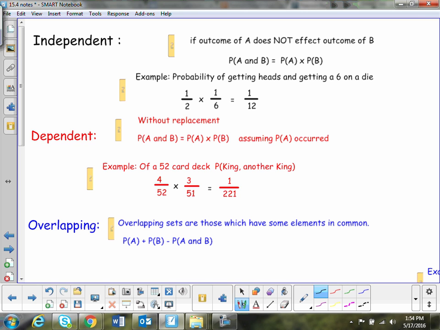Okay, so 0.45. To get percent, you move it over twice. So that's 0.45%. That's not even 1%. So you see how Las Vegas is real rich and they take a lot of people's money? Look at the probability of getting a pair of kings right off the bat.